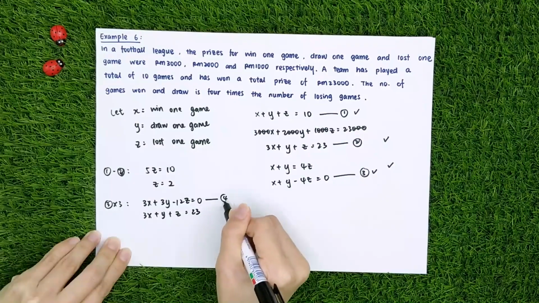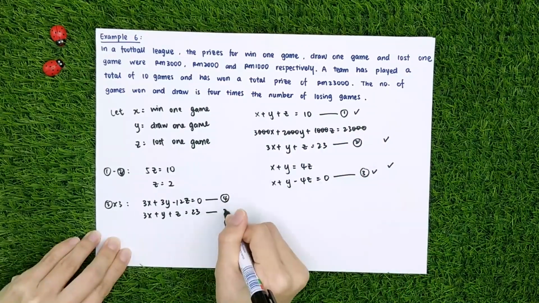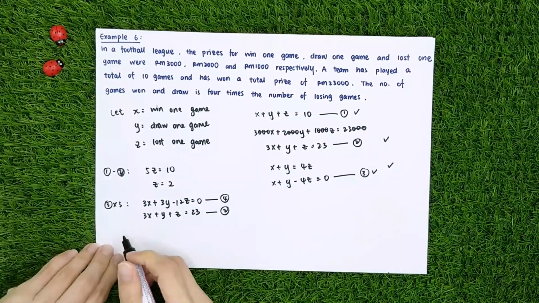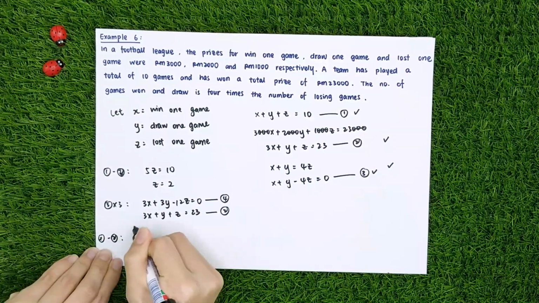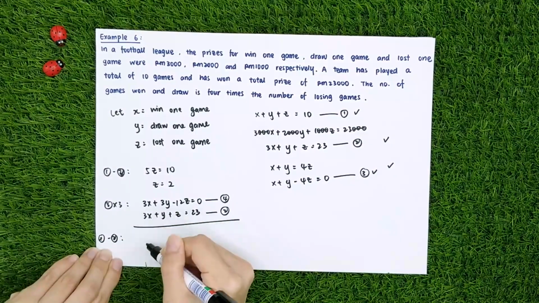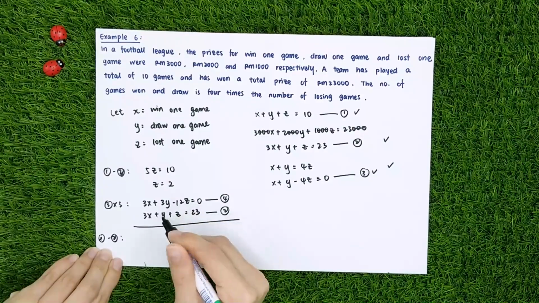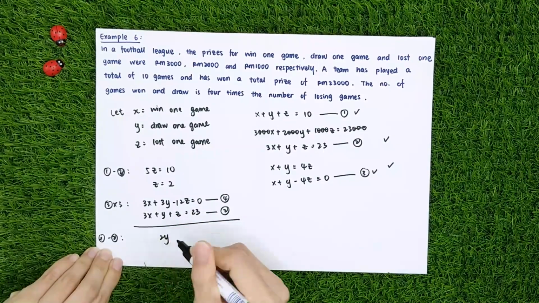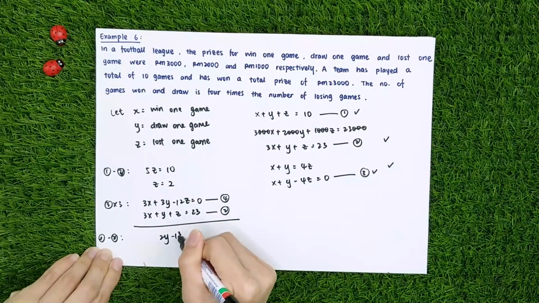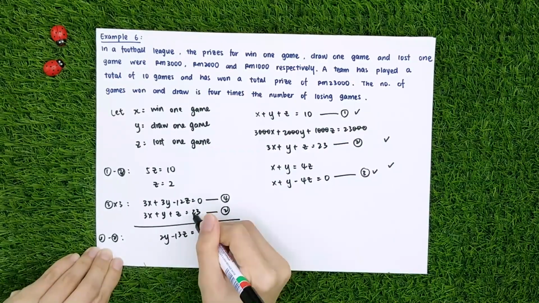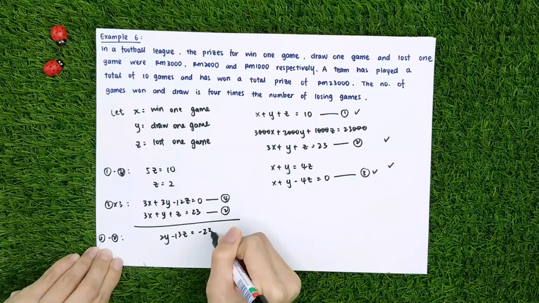This is my equation 4, and this is my equation 2 that I moved down. Now I can subtract my equation 4 from equation 2. 3x minus 3x you will get 0. 3y minus 2y you will get y. Minus 12z minus z you will get minus 13z. And 0 minus 23 you will get minus 23.